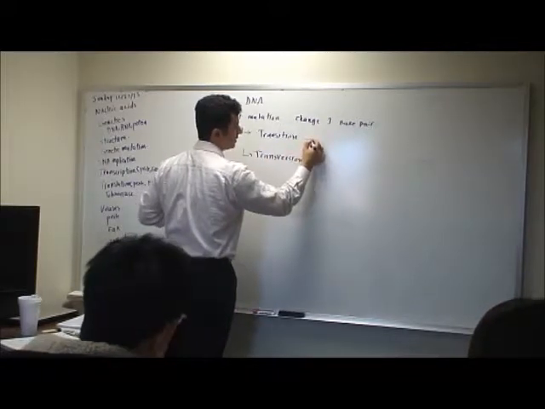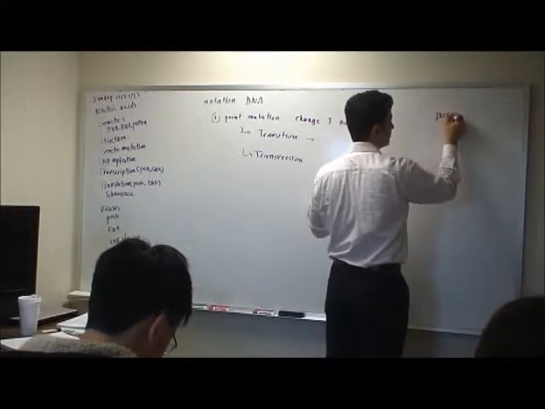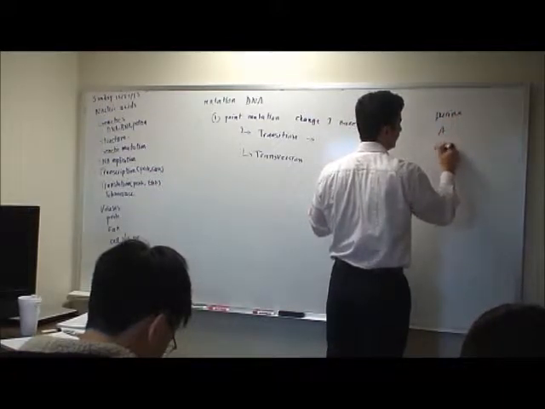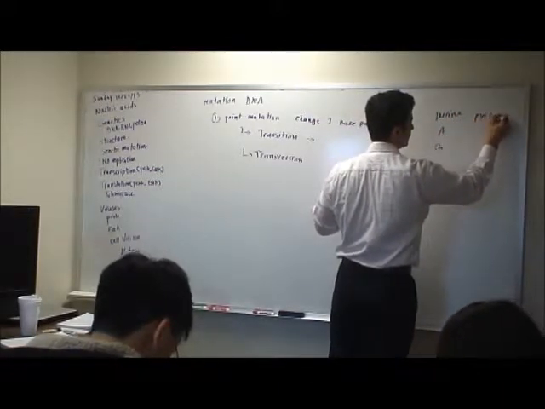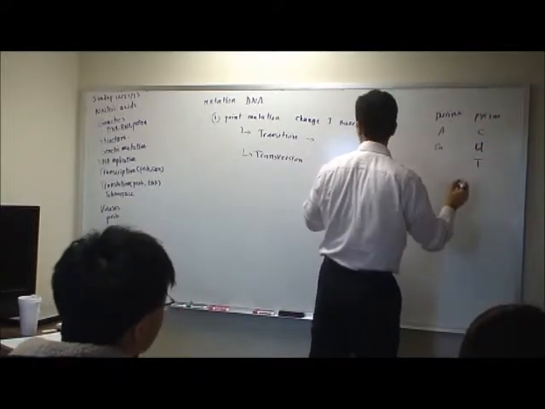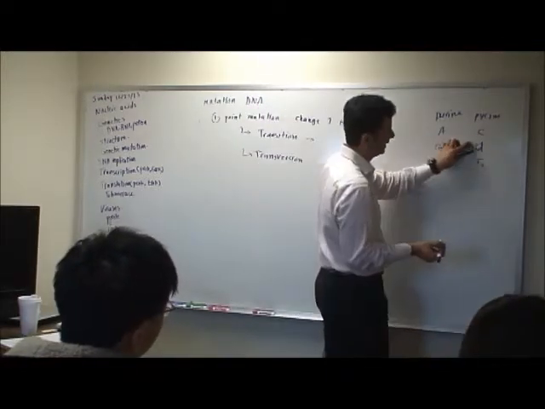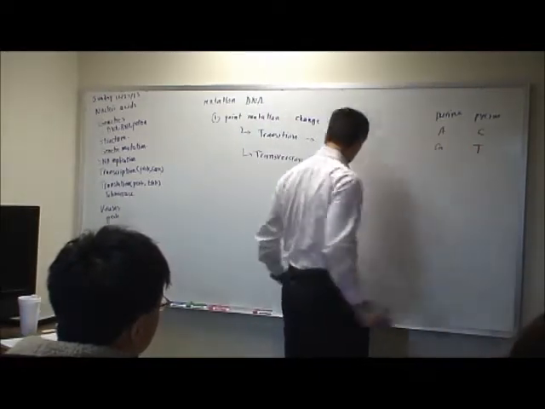What is transition? This is the part where you need to know what purines and pyrimidines are. Purines are adenine and guanine; pyrimidines are cytosine, uracil, and thymine. We don't have uracil in DNA, so it's cytosine and thymine, right?